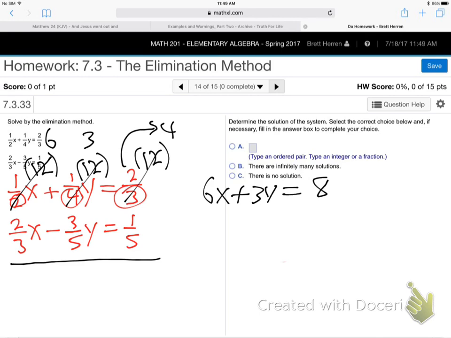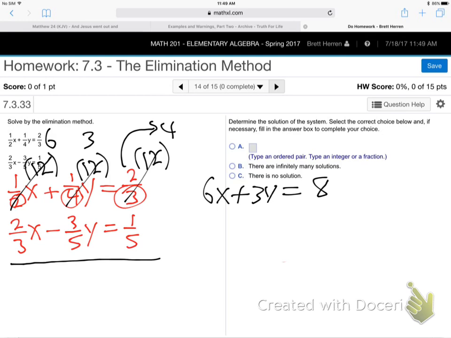Everybody good with that first line? Good there? Right, everybody tracking with me in there?